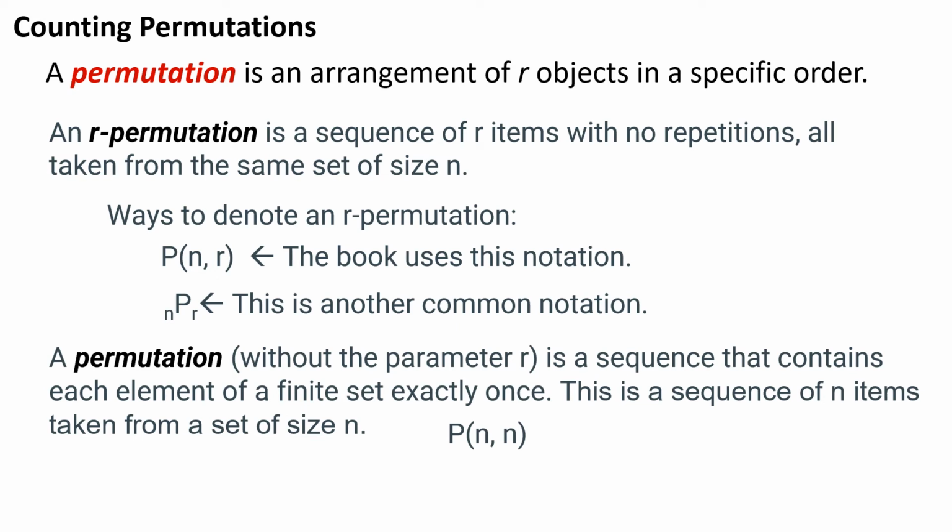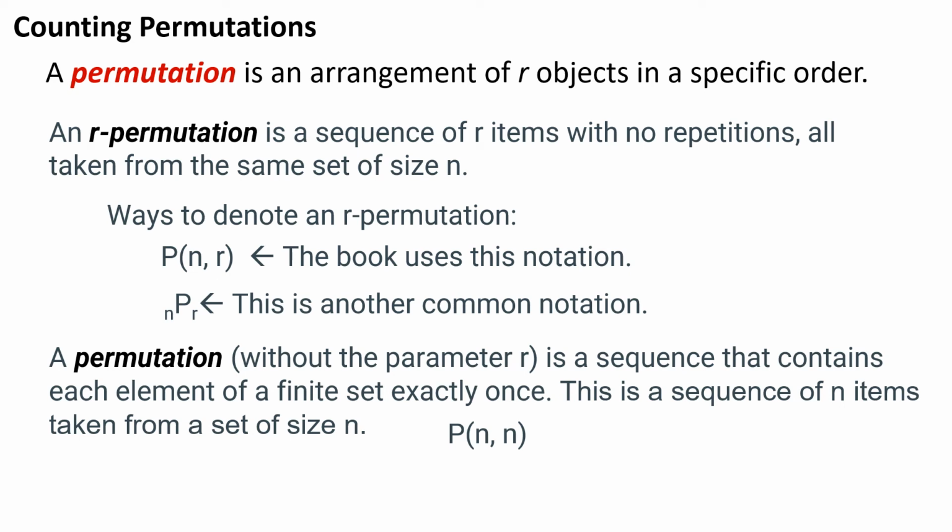We're taking objects and arranging them in certain orders. But the book describes a permutation without the parameter r as a sequence that contains each element of a finite set exactly once, again meaning we're taking physical objects and so they can't be repeated.